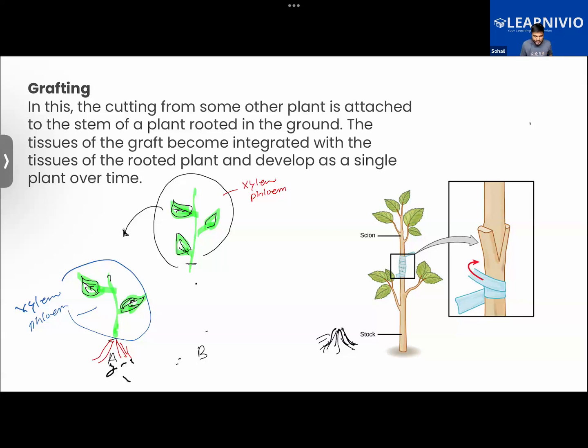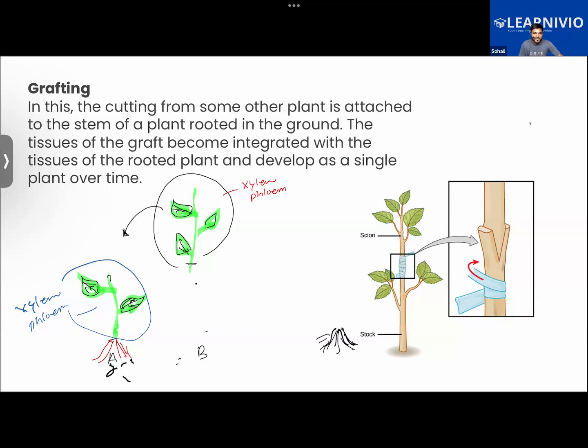Basically, it is a method where two plants are combined to form a new variety. Two plants of different varieties will be taken here. One of them will be the stalk that will be having roots in it. The stalk is that part of the plant that has root.